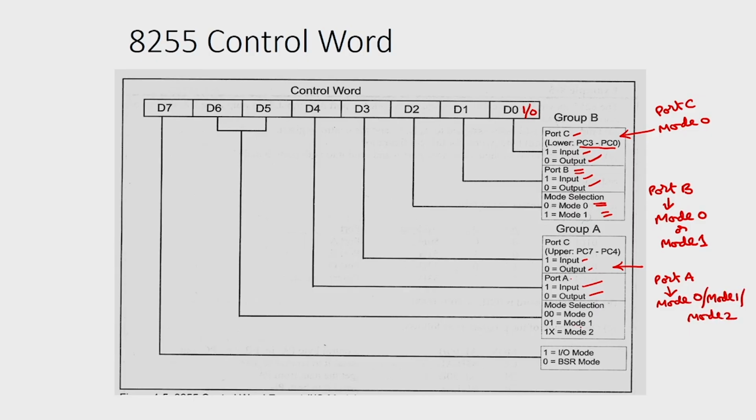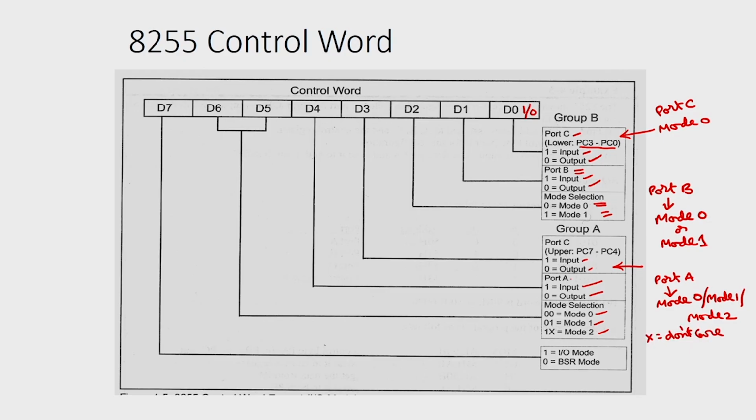That is why we require at least 2 pins to select the mode of port A. So, here we have used D6 and D5 for selection of the mode. 0, 0 is mode 0, 0, 1 is mode 1. Either 1, 0 or 1, 1 is mode 2. 1 X means X is don't care, which can be either 0 or 1.